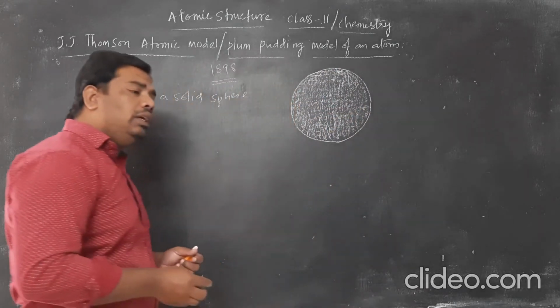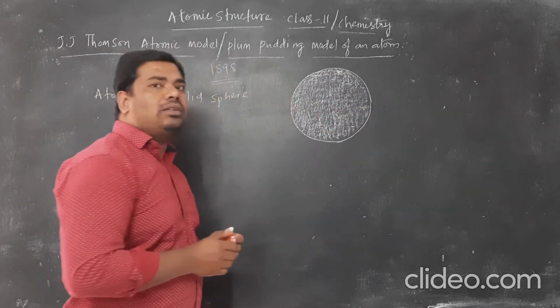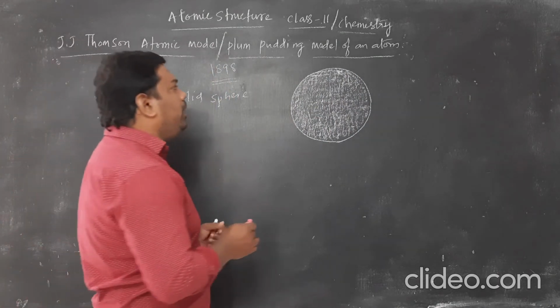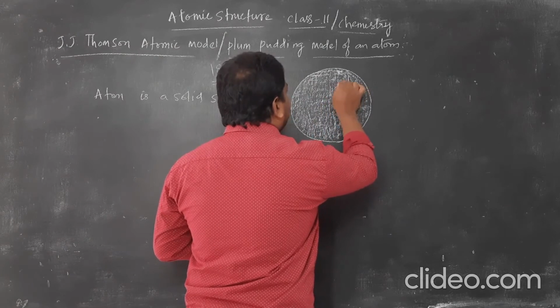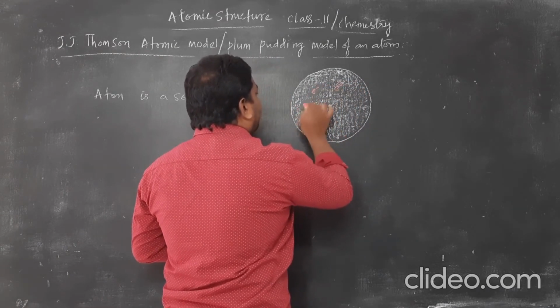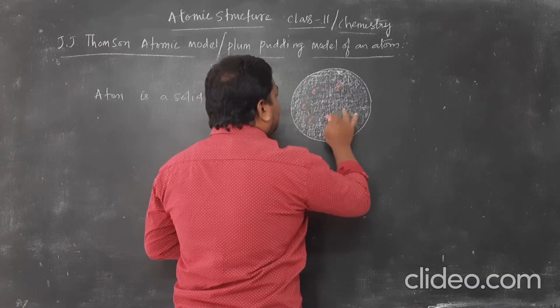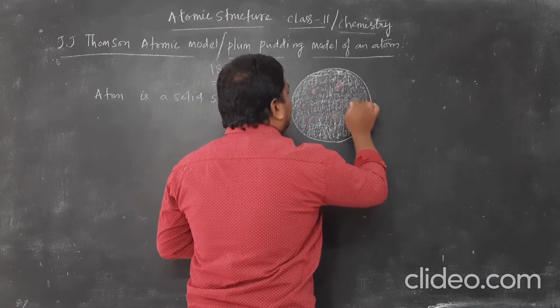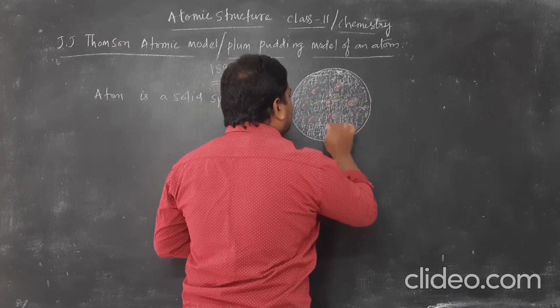He also believed that the electrons, the negatively charged particles, are embedded in this positive charge density. The electrons are randomly embedded in this positively charged sphere.